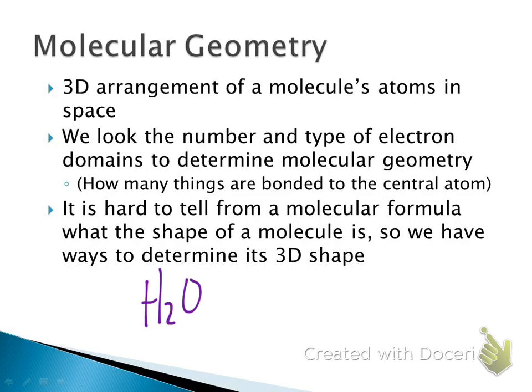We know that there's 2 hydrogen atoms and 1 oxygen atom, but it doesn't give us a very clear idea of what it's going to look like three-dimensionally or in real life. So we're going to start looking at a theory called VSEPR theory that's going to help us determine how to draw these things three-dimensionally, what shape they're going to take on, and what they're going to look like floating in real life.